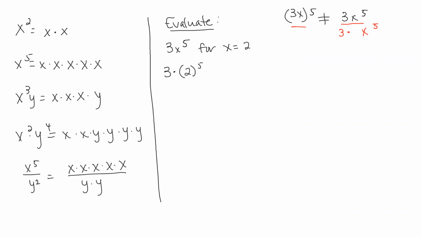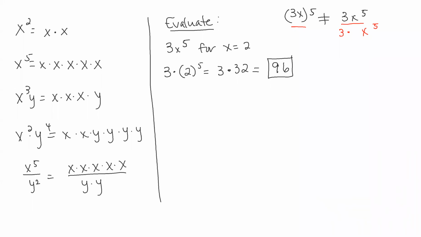We have 3 times and then separately x to the 5th. Well, x is 2, so we would need to figure out what 2 to the 5th is. So it would be very appropriate to use your calculator here, just show your steps. I happen to know that 2 to the 5th is 32, and then 3 times 32 is 96. So that would be evaluating where you do have exponents, okay?